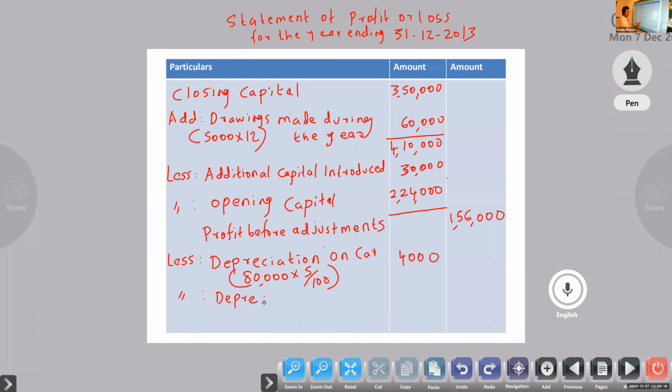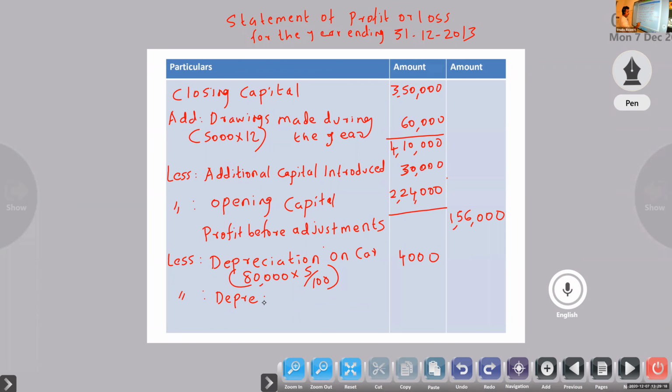It is given 48,000. Closing 48,000 into 10%, 4,800. Okay. So it is calculated on the basis of closing amount.